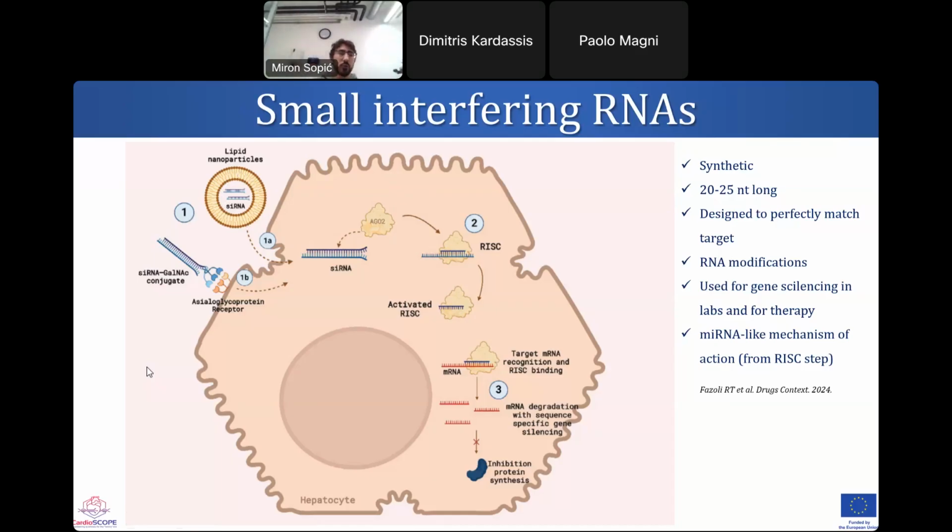But if you want to use this as a therapeutic drug, then there is always the question of how to deliver these siRNAs to target tissues, and several approaches are used. Either you load them into lipid nanoparticles, or you modify the sequences with different types of modifications, which increase the bioavailability and the interaction with specific types of tissue.